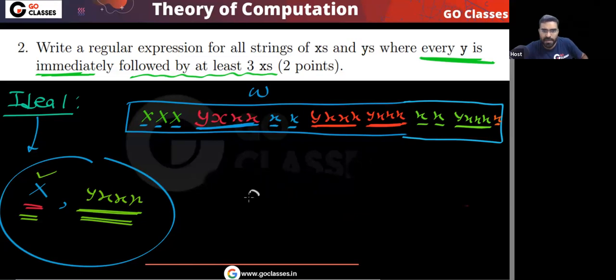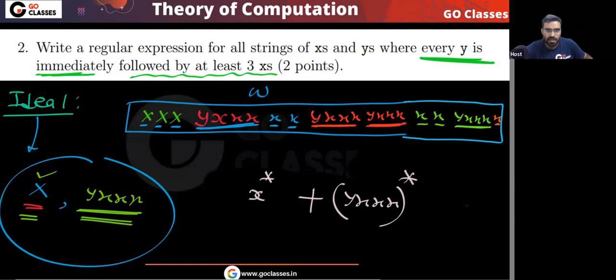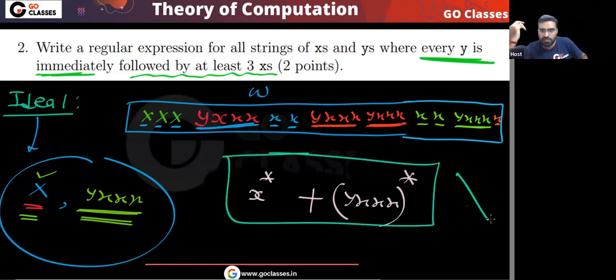For example, if I say x star, meaning this is repeating, or yxx whole star, should I write like this? Tell me. No, this will be wrong. The reason is simple. Remember, they can mix and match. For example, strings like x, y, xx are also possible, because these two people can mix also.